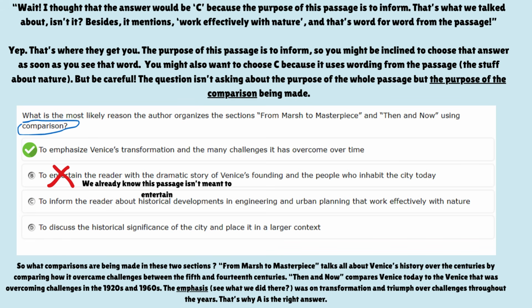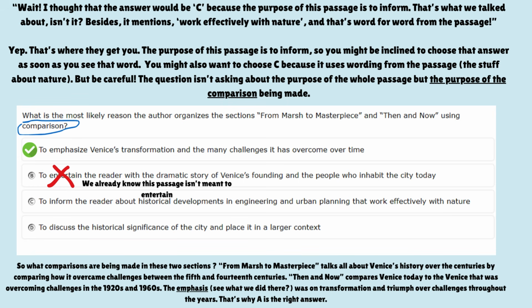So with what we have left, what comparisons are being made in those two sections? The section from Marsh to Masterpiece, if you go back to that passage, you'll see that it talks all about Venice's history over the centuries by comparing how it overcame challenges between the 5th and 14th centuries.